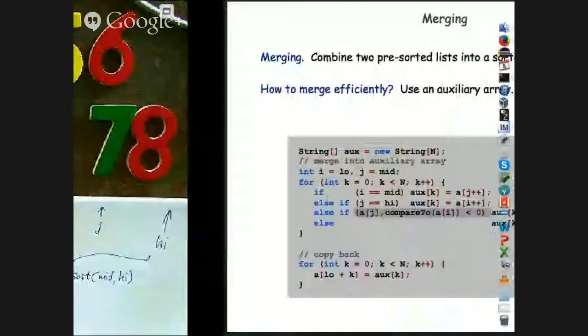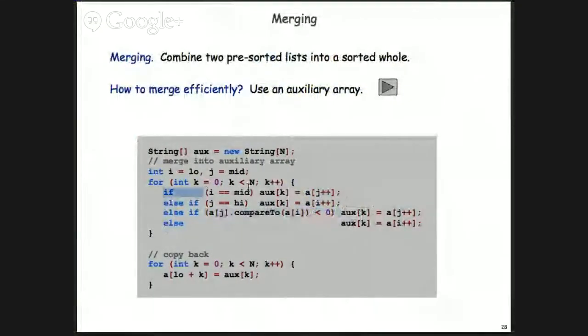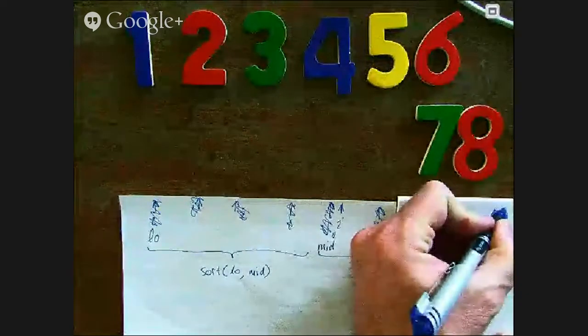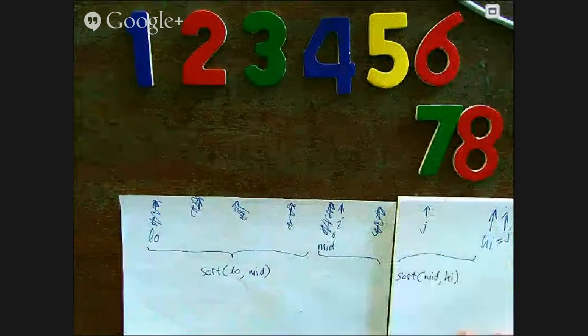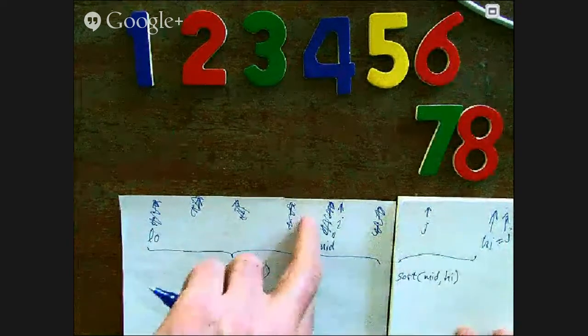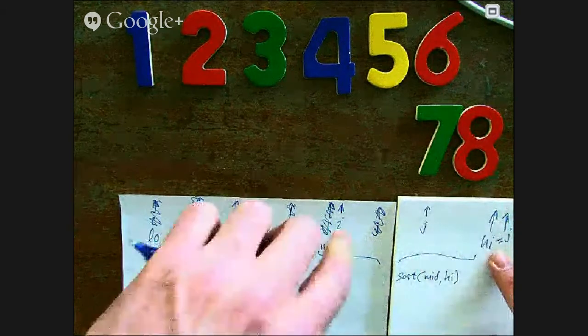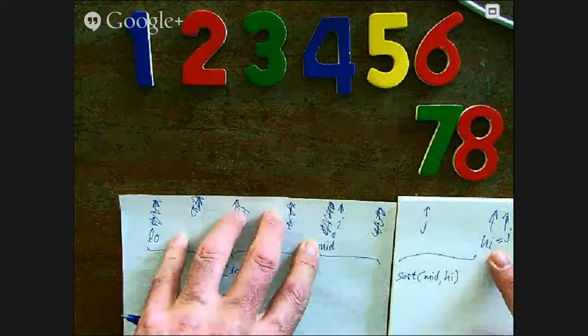And that's what that first part of the if does. It says, if I has reached mid, then there are no more elements on the left-hand side, so you always copy over the J. Or, if J has exhausted the right-hand array, it will be pointing to here at high. These two will be equal. So if I is mid, I have to copy from the right-hand side. If J is high, I have to copy from the left-hand side.